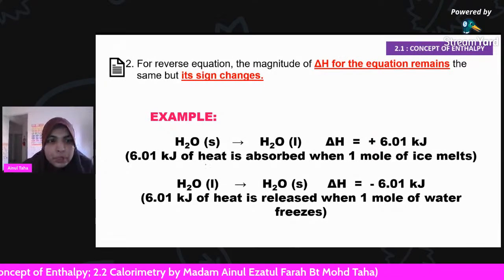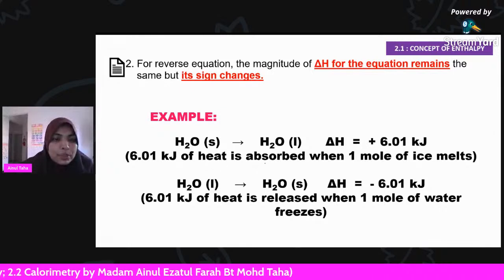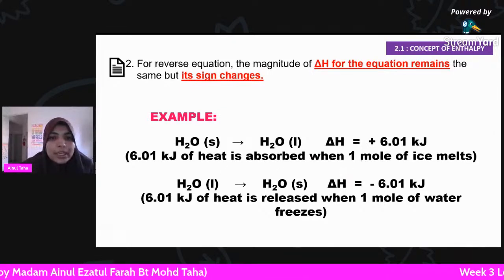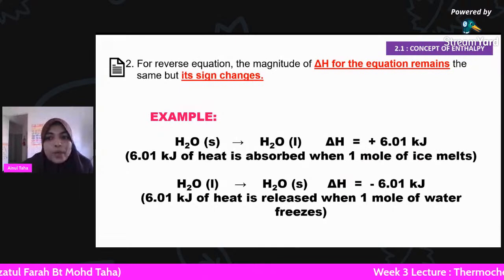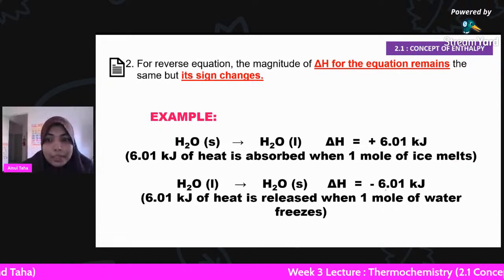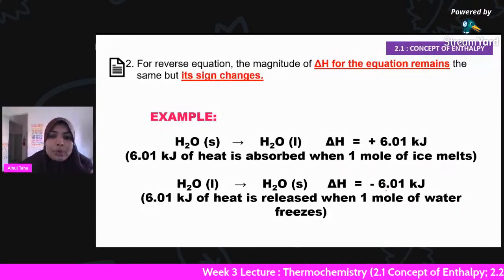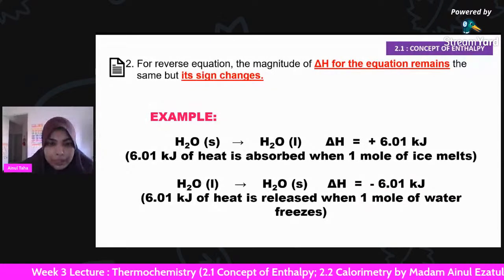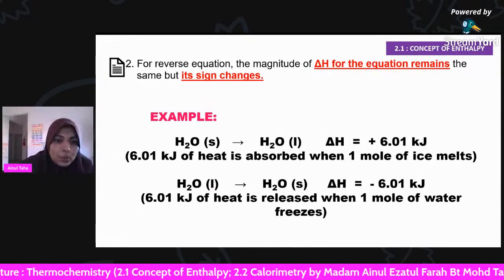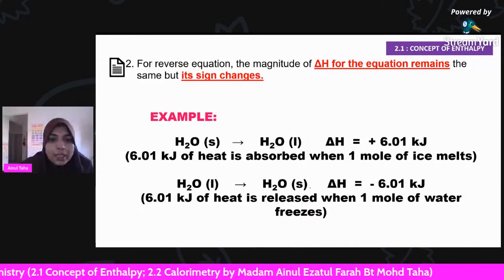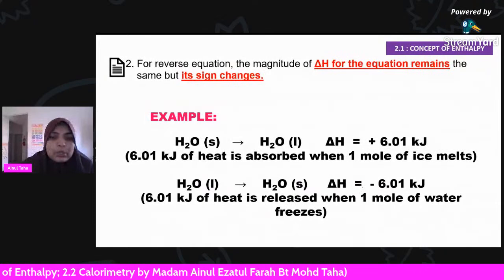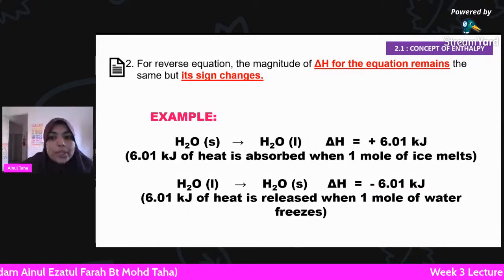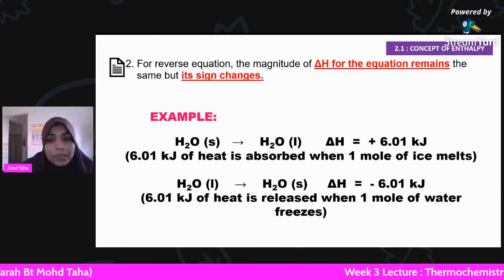So we understand 6.01 kilojoule of heat is absorbed when 1 mole of ice is melted. If we want to reverse the equation, from H2O liquid to H2O solid, the enthalpy change is now not positive but negative.